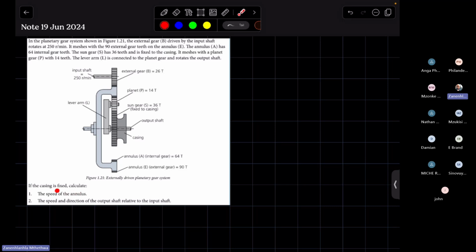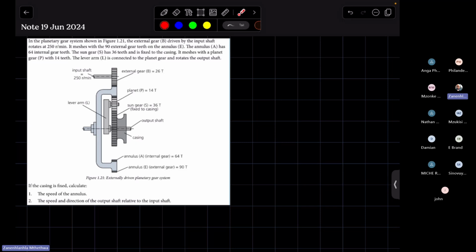Calculate the speed of the annulus. That is the rotational frequency. So we have to look at which gears the annulus has a relationship with that we can use to calculate the speed of the annulus. And that relationship will always be with the external gear teeth.